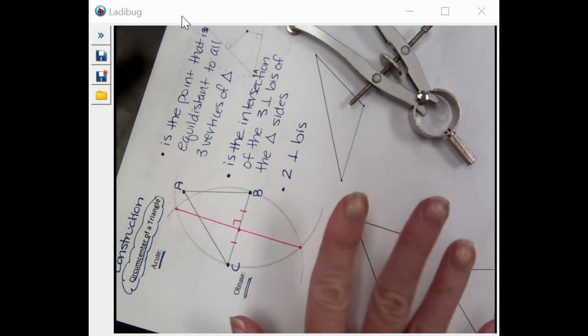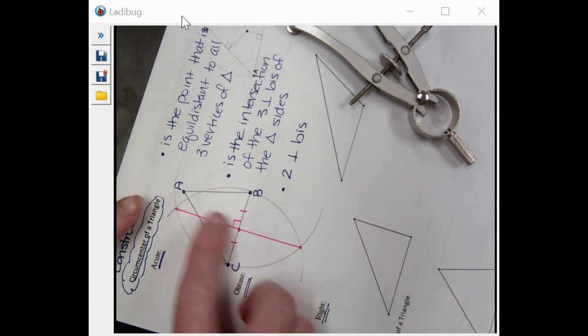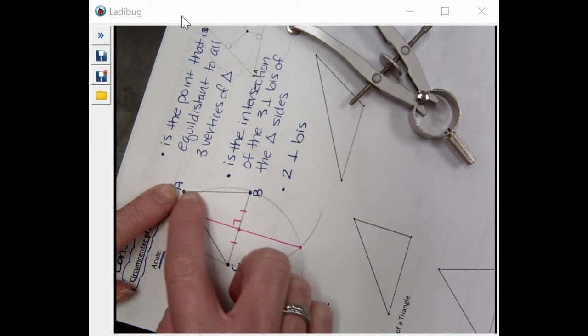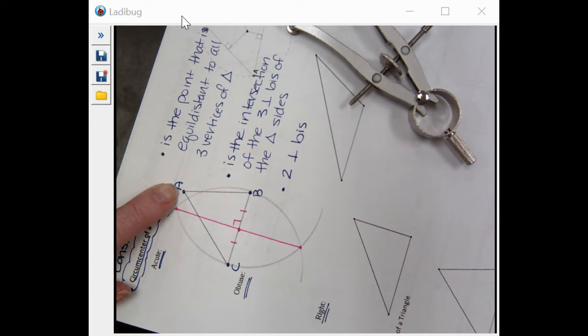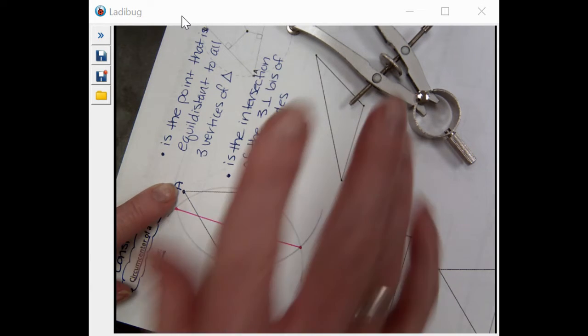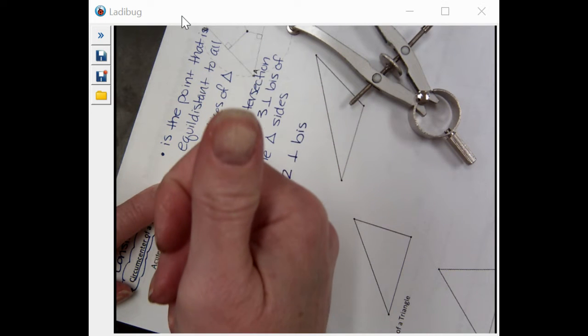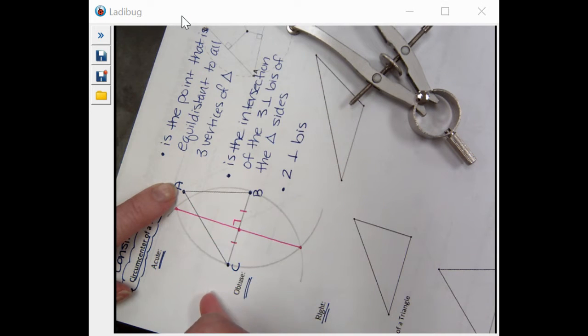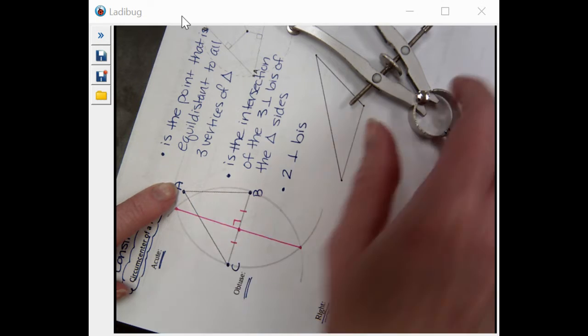In my mind, I'm getting rid of everything else on my paper, and I just see this segment from A to B. I'm ignoring my pink line and my arc marks. I just want to draw the line that's perpendicular to AB as well as goes through the center.